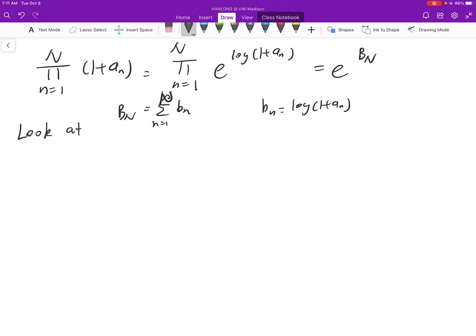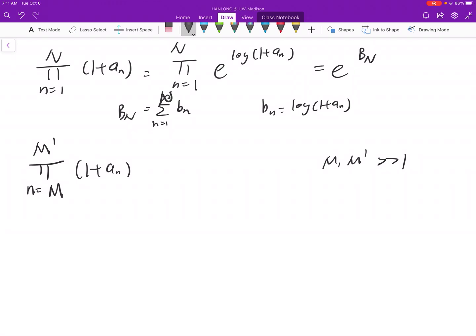Then look at the product from capital M to capital M prime, where M and M prime are very large. Then this equals the product of exponentials, the exponential of the summation of bn from capital M to capital M prime.